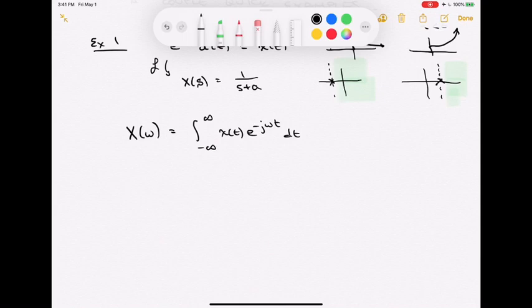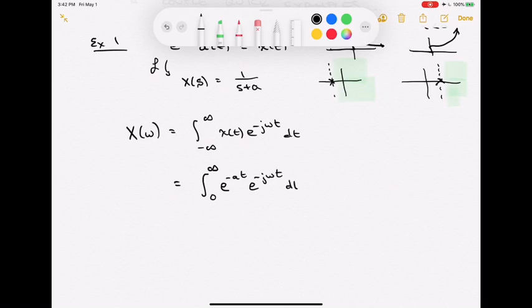Okay, so let's go ahead and carry that particular operation out. x of t in this particular case is going to be equal to e to the minus at, and we're still multiplying by e to the minus j omega t, and because it was causal, our limits of integration are only going to go 0 to infinity, something along those lines.